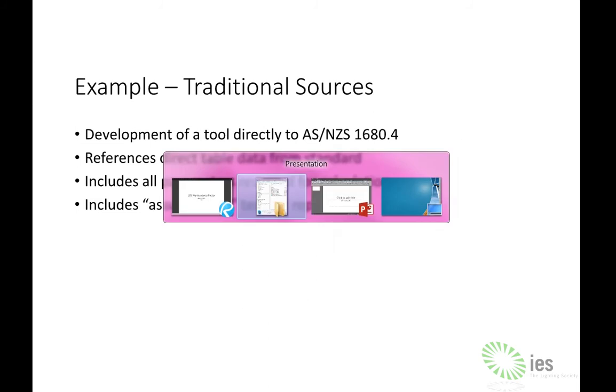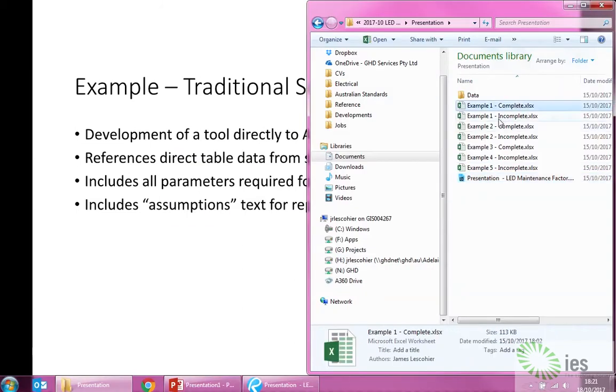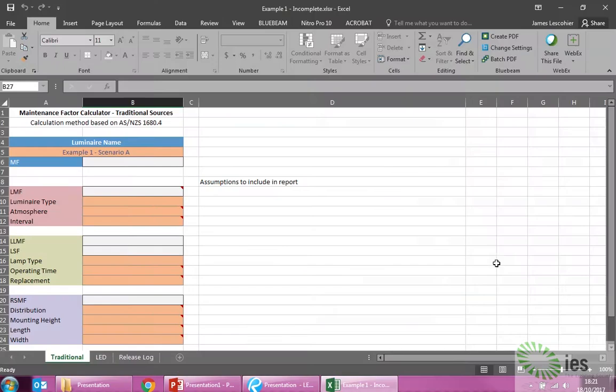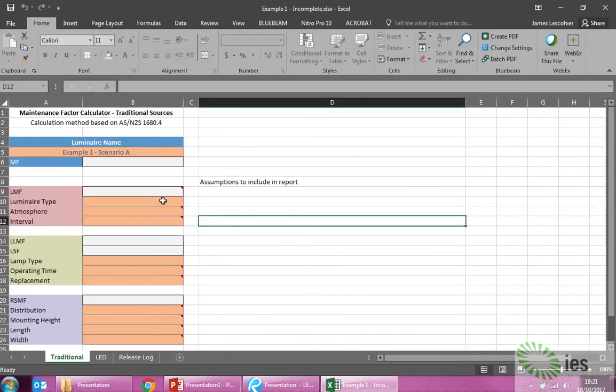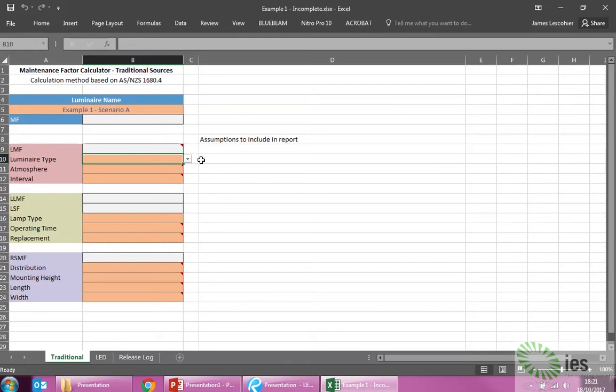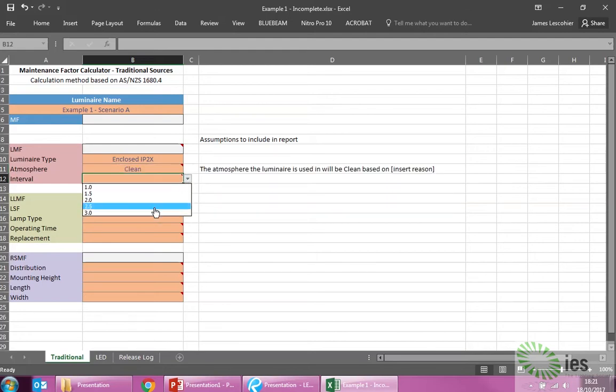Let's have a look at that tool, and we'll call this example 1 incomplete, because we're going to fill it in together using those numbers I just did. We're going to hide all that today. We don't need any of that. Luminaire type, as we discussed, is an enclosed fitting. Atmosphere, clean, brand new office. Interval, we looked at 3 years worth of cleaning.